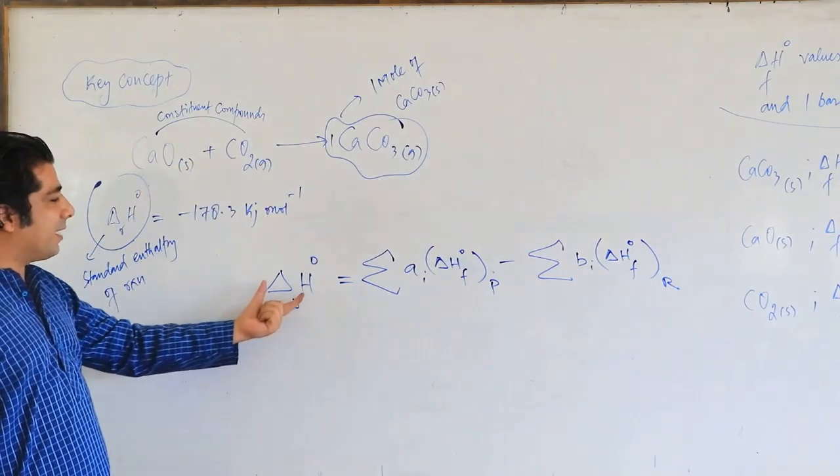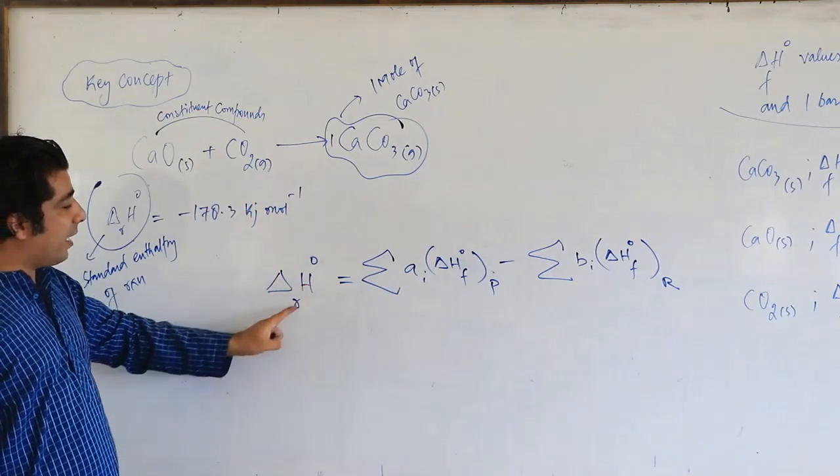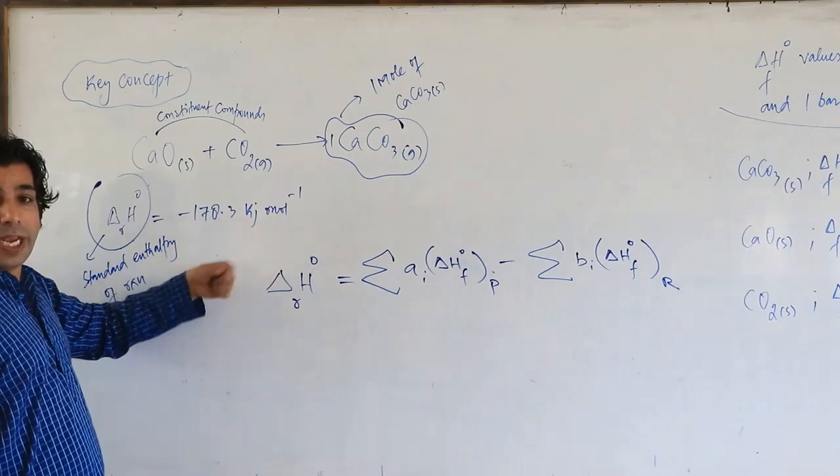Then I can calculate delta HR naught for this particular reaction, and it should be equal to this much. So we have to prove it.